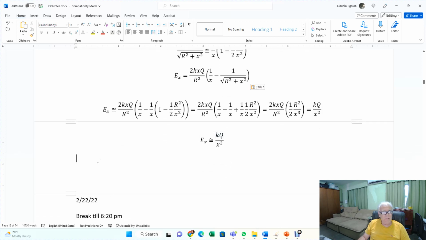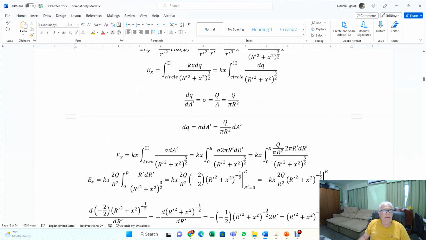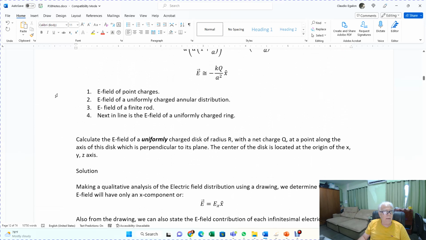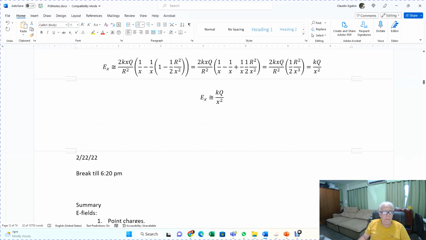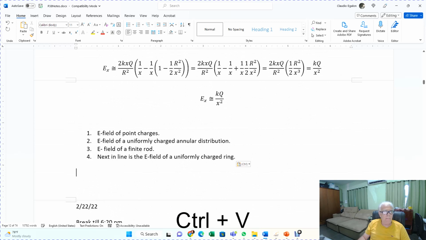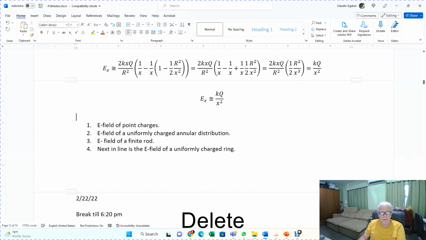So now we have our other problems that we solved. Let's add those. Here you go. Point charge distribution. E field of a uniformly charged annular or ring distribution.